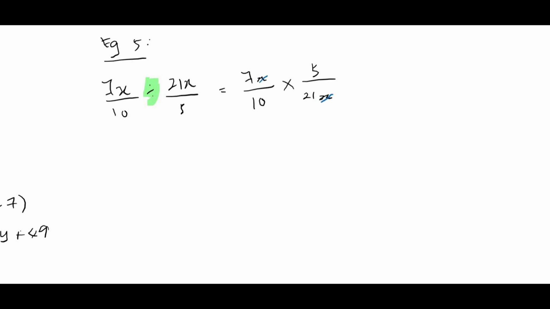Then we can strike off similar terms and divide them. And lastly, what you have is 1/6, because at the bottom you have a 2 and a 3. Multiply them and you have this final answer.